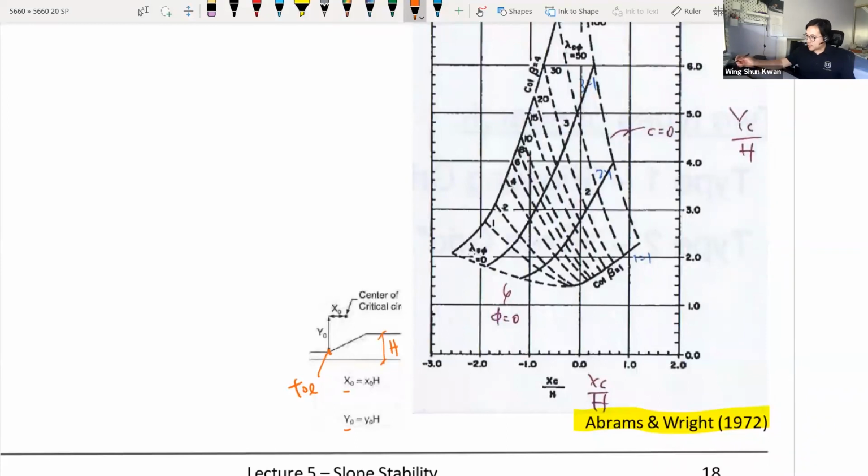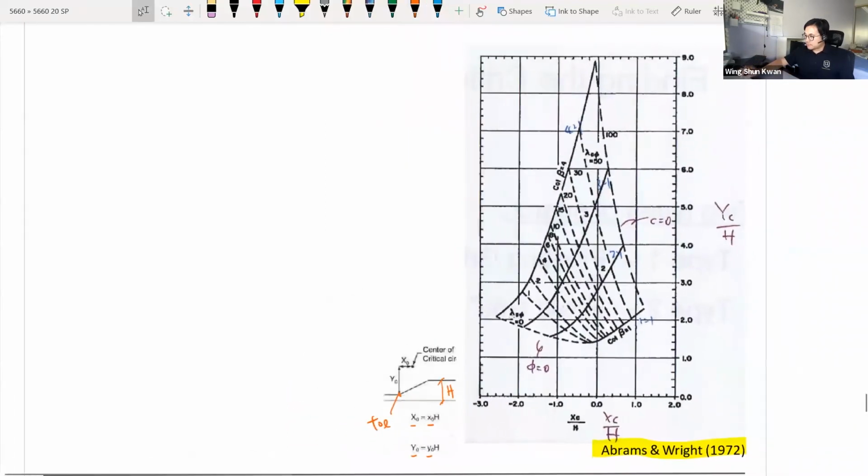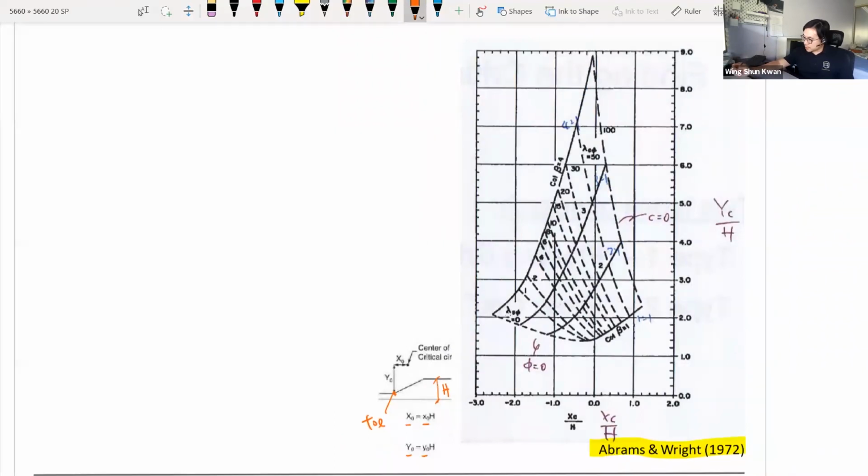Then you can find the x and y coordinates, x0 and y0 divided by the height of the slope.